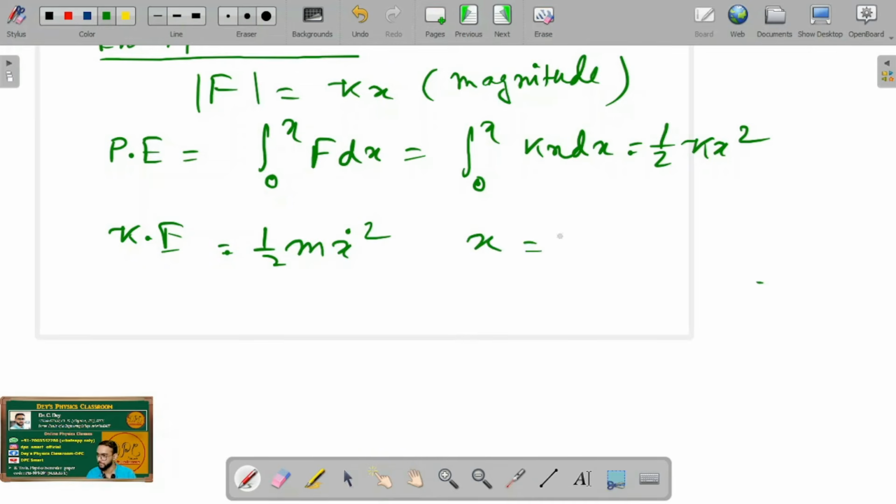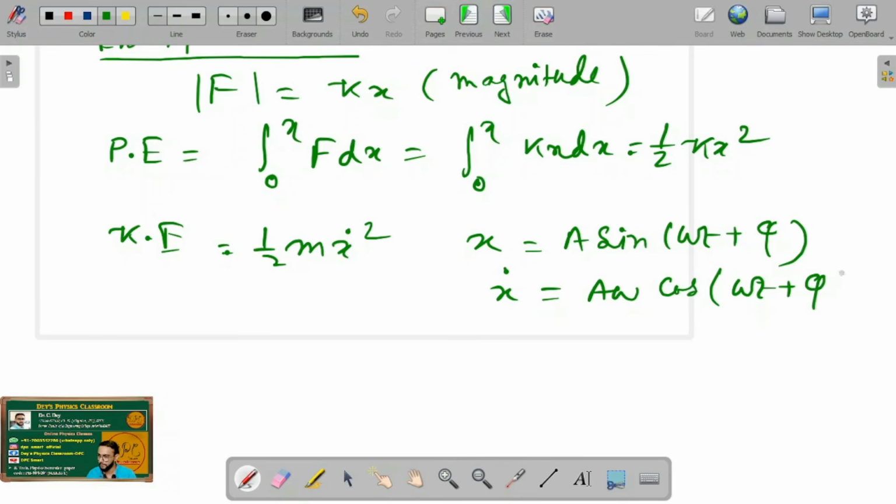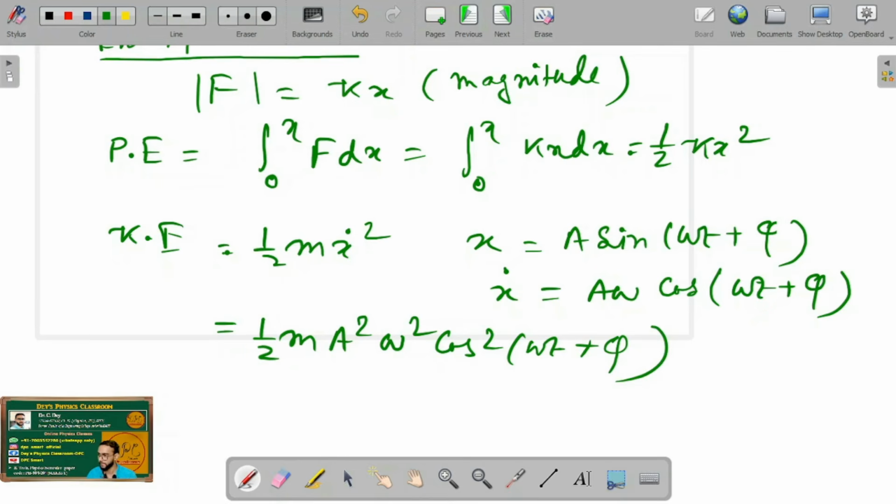where x equals a sin of omega t plus phi. That means x dot, the velocity, would be a omega cos of omega t plus phi. If we put it in, half m a square omega square cos square of omega t plus phi is the kinetic energy, and the potential energy is half k x square, that means half of k a square sin square of omega t plus phi.